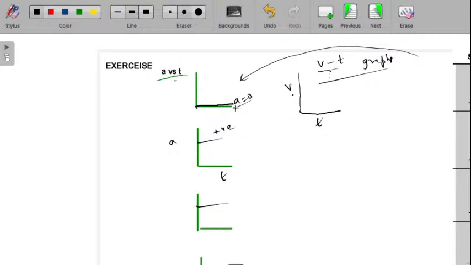So when there is no slope, slope is 0, that means v versus t is a plain straight line. It's independent of time. V is a constant value with time. Now let's take a case where the slope is positive. Where the slope is positive, the v versus t should be a graph which is a straight line, right?